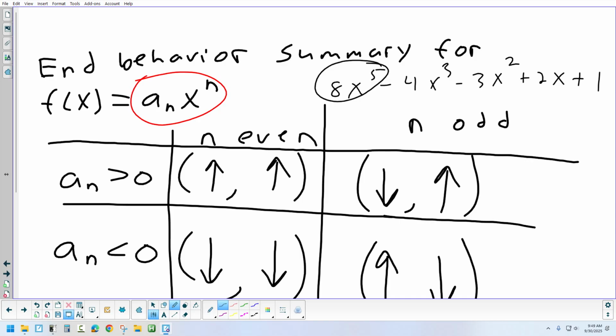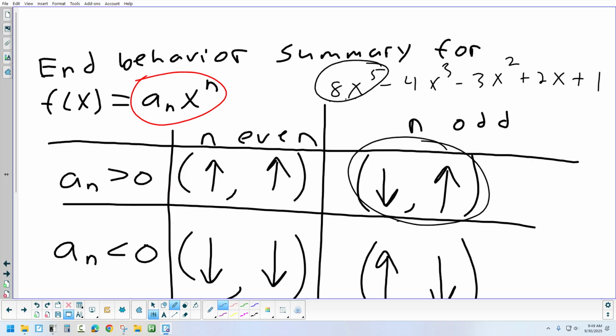The other ones might cause twists and turns in the graph, but they're not going to affect the overall end behavior. This is an odd exponent with a positive coefficient. So positive coefficient is the top row, odd exponent is the second column. That is going to be the end behavior for that one.